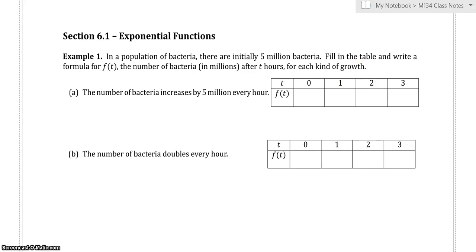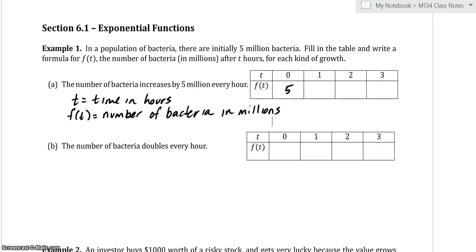So you can see here that this is very similar to what we did before. The first difference is instead of starting with 1, we're starting with 5. So this starts at 5. And we're also using different letters. So t is equal to the time in hours, and f of t, the number of bacteria in millions.